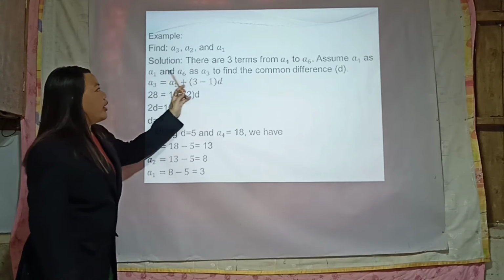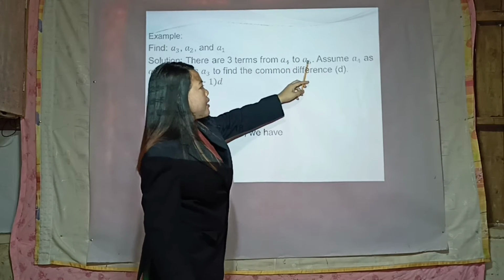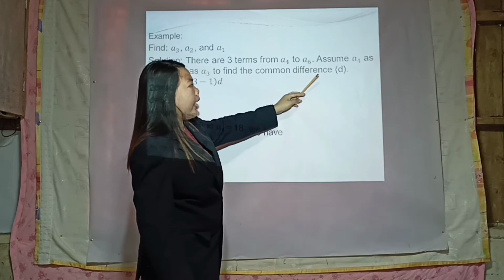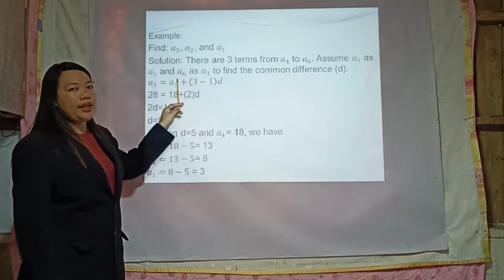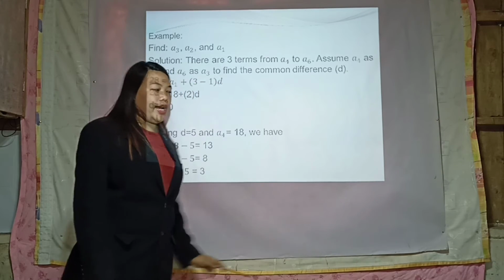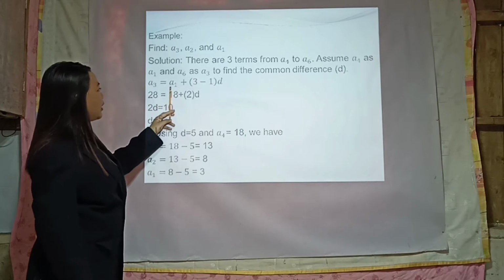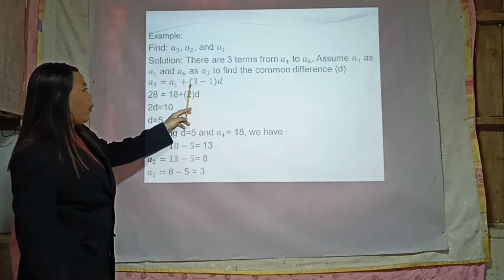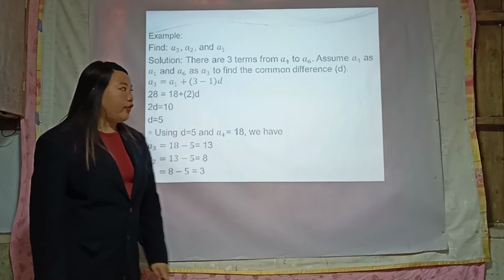Solution. There are three terms from a sub 4 to a sub 6. So assume that a sub 4 is a sub 1 and a sub 6 is a sub 3 to find the common difference. So a sub 3 is equal to a sub 1 plus the quantity of 3 minus 1 times the common difference.